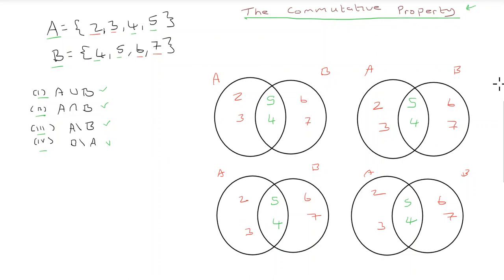So what I want to do is color in, for example, if we take A union B, so what does that mean? The set A union B, and we use purple here, means everything that's in A and everything that's in B. So you unite the two of them. So A union B, if we were to color it in, would represent everything in both of these sets.